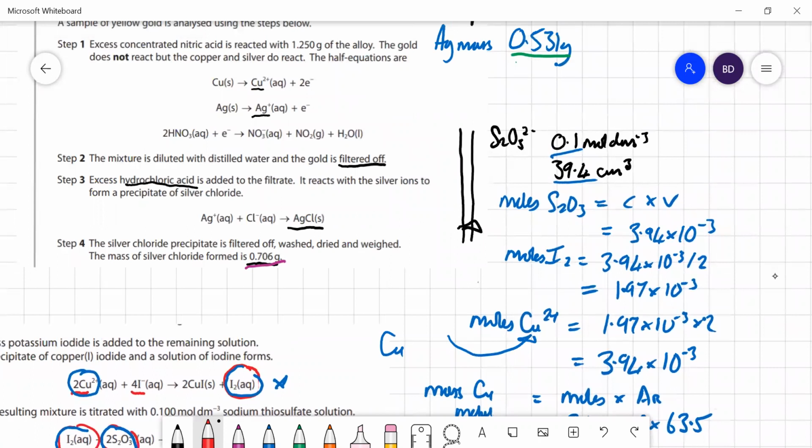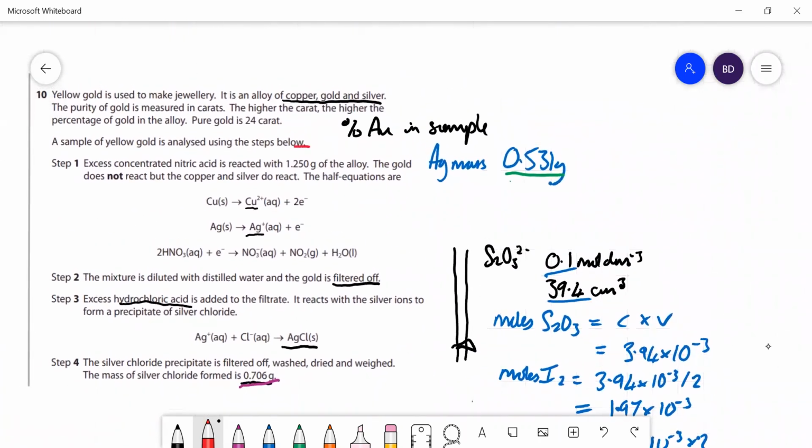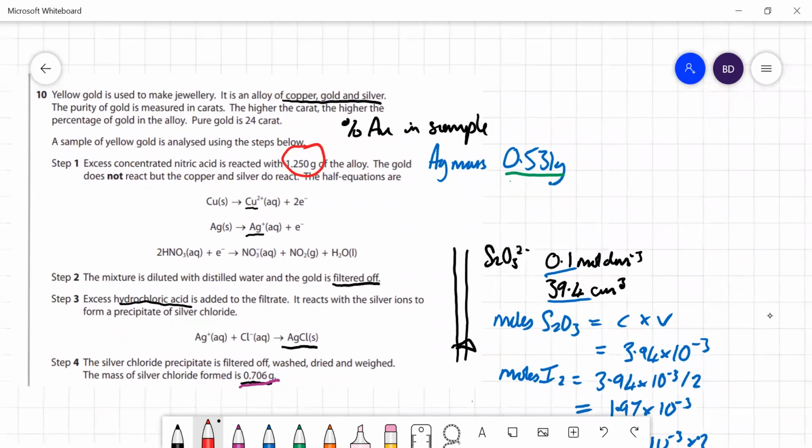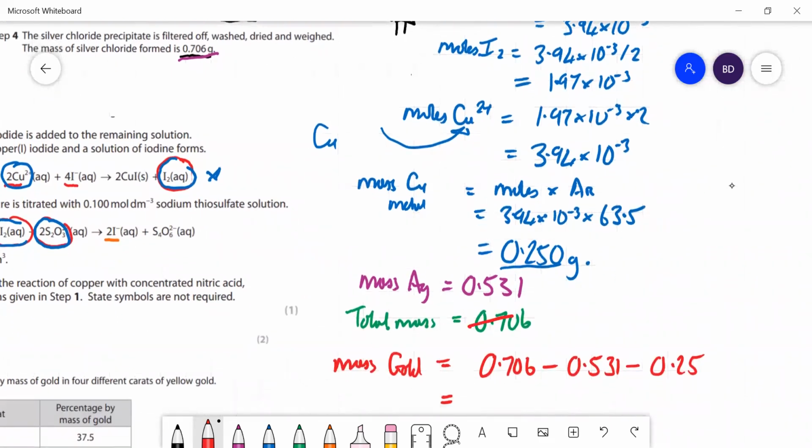The total mass was 1.250, not what I said it was down here. Sorry about that. So that is going to be 1.250 minus those is 0.468.